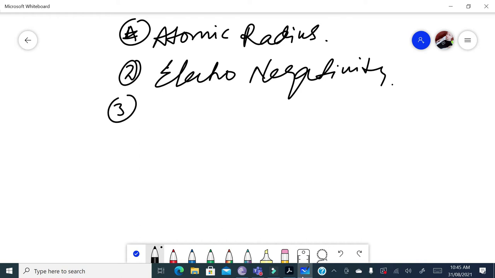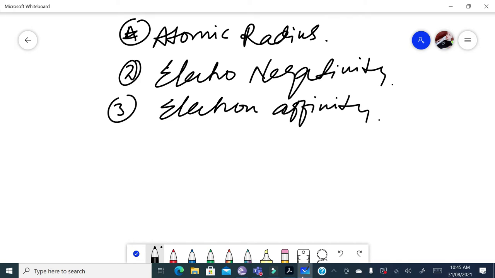Third one, electron affinity. Fourth one, you can also call it the ionic radius, this one. Okay, atomic radius, electronegativity, electron affinity, and effective nuclear charge.